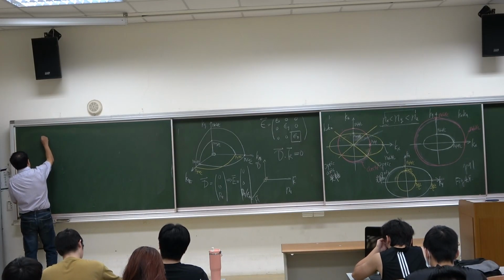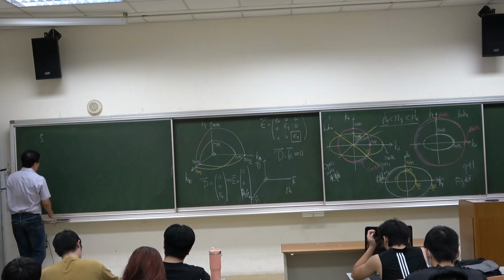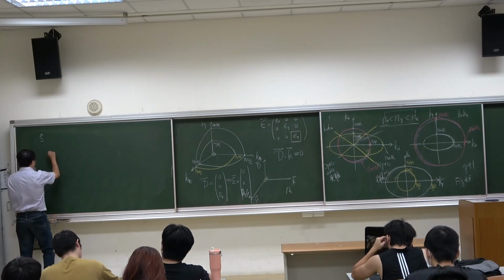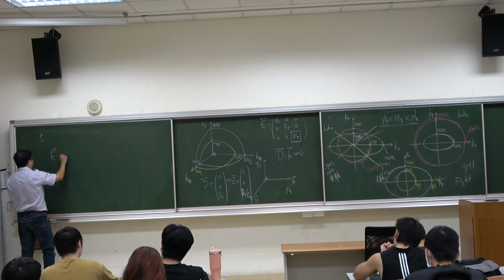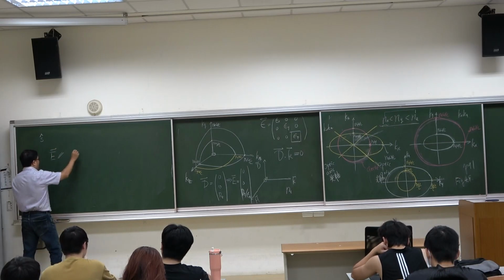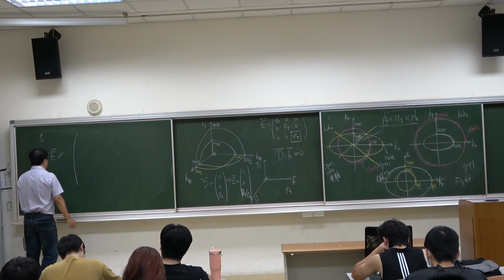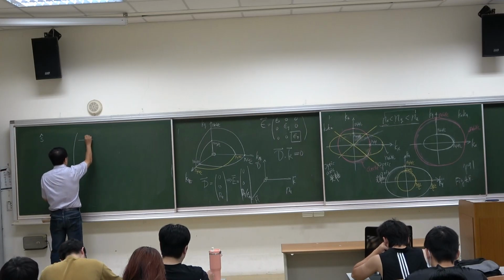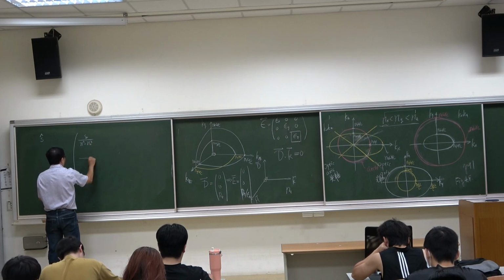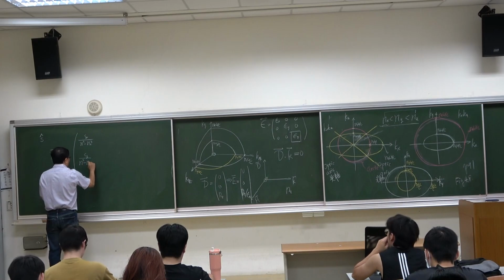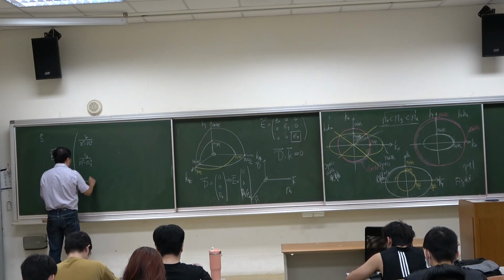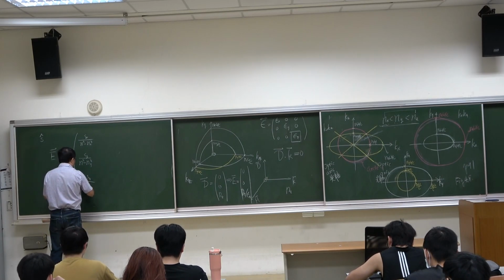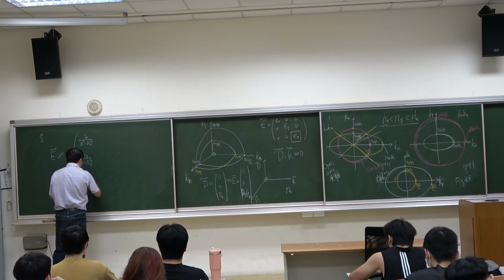Let me show you one example. For an arbitrary propagation direction S, the E vector is parallel to this: Sx over n squared minus nx squared, Sy over n squared minus ny squared, Sz over n squared minus nz squared.